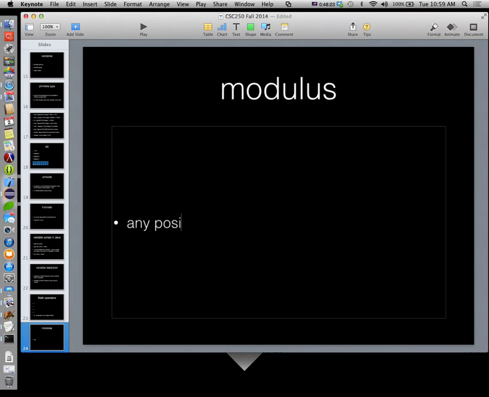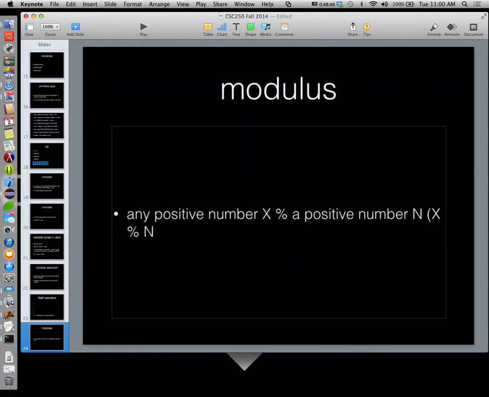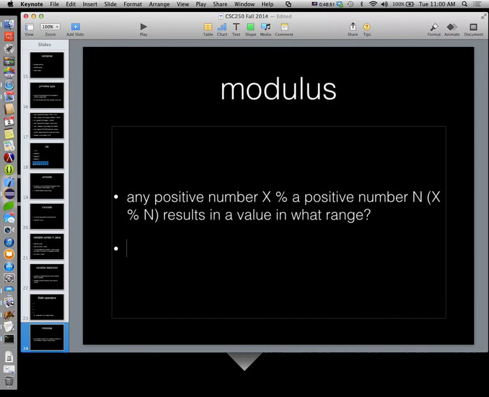Any positive number x mod a positive number n, that is x mod n, results in a value in what range?